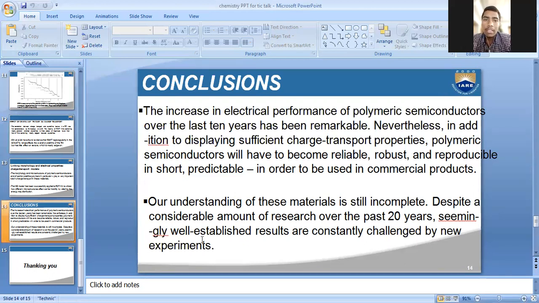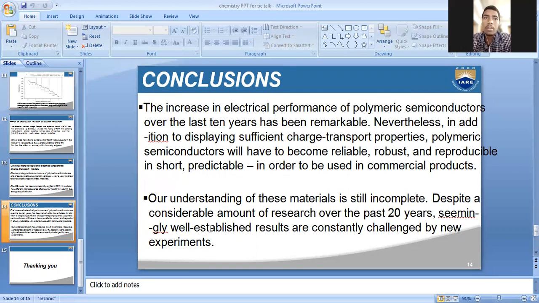Seemingly well-established results are constantly changed by new experiments. It means our research and experiments are still ongoing, and what we defined earlier is changing nowadays, so our research should not stop, and exact values will be obtained by further experiments and research.